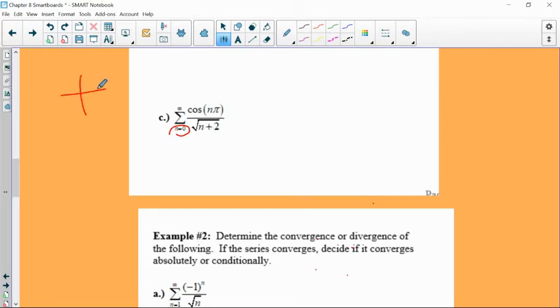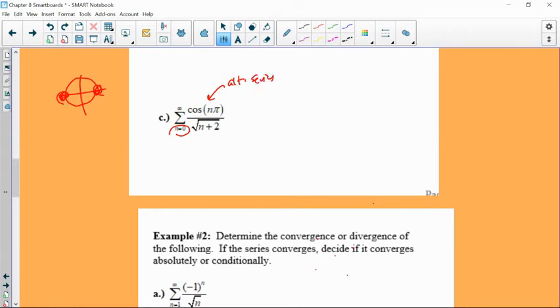And if you think about the unit circle, cosine of 0 is 1, cosine of pi is -1, cosine of 2 pi is 1, cosine of 3 pi is -1, cosine of 4 pi is 1, cosine of 5 pi is -1. So it's a sneaky way to make that an alternating series.